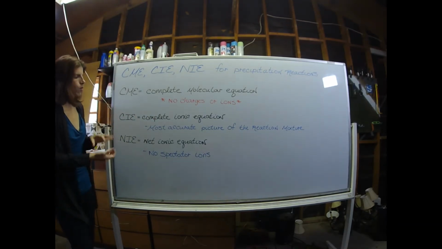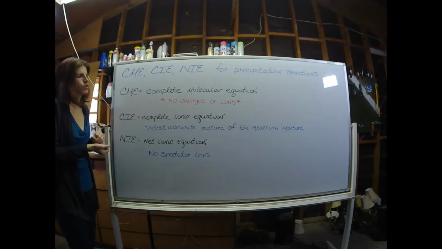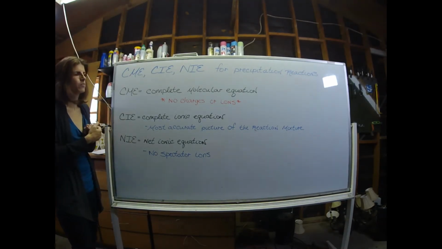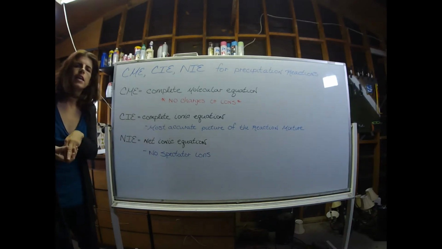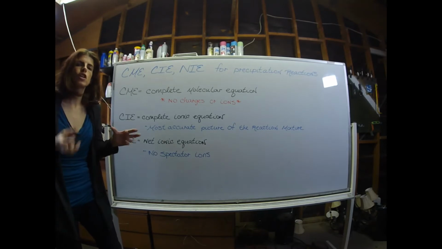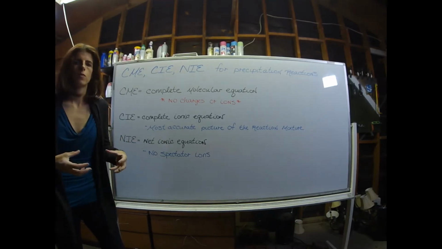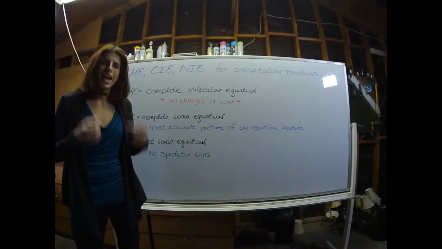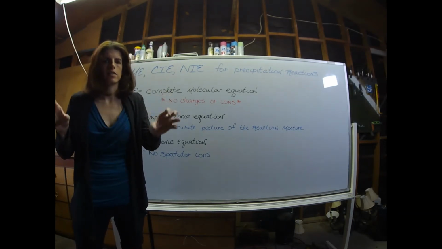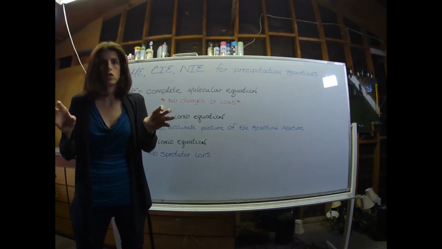The next thing we're going to put together is known as a complete ionic equation. We're going to do CIE for that one. The CIE is honestly the most accurate illustration of what's going on in the beaker. So everything that's aqueous is going to be broken down into ions in our complete ionic equations.